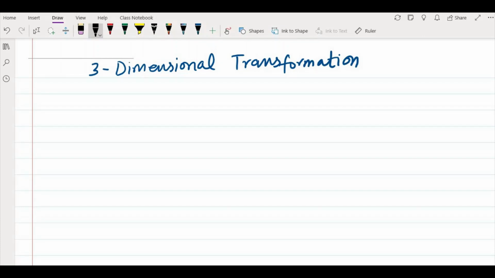We call it frame A. This is the y-axis and this is the x-axis.